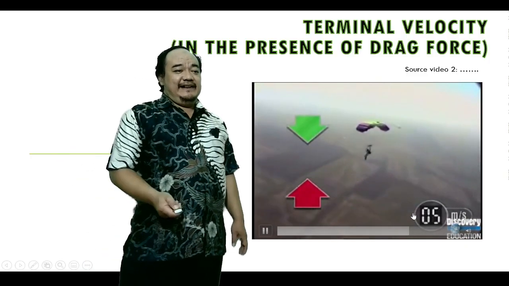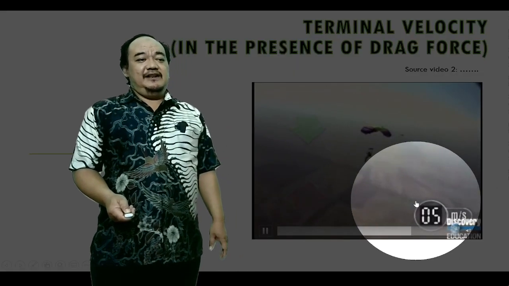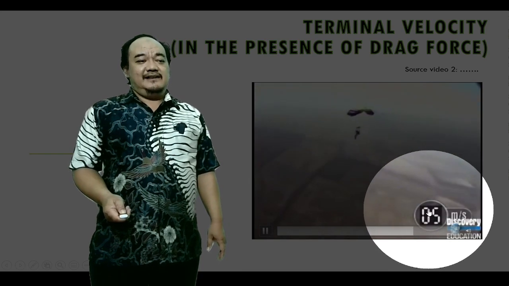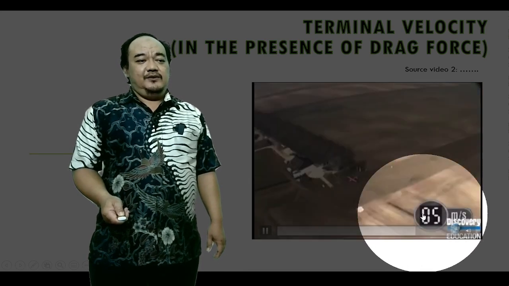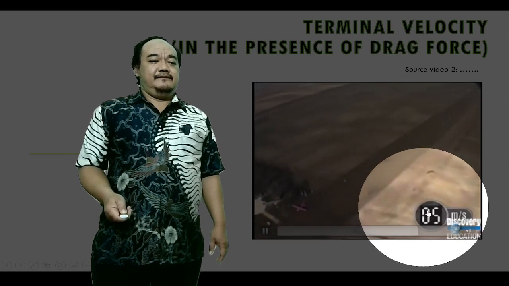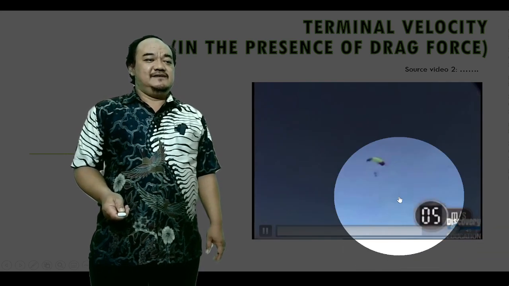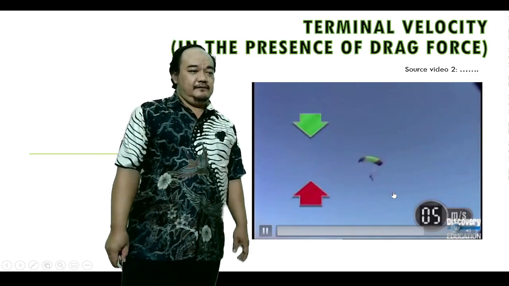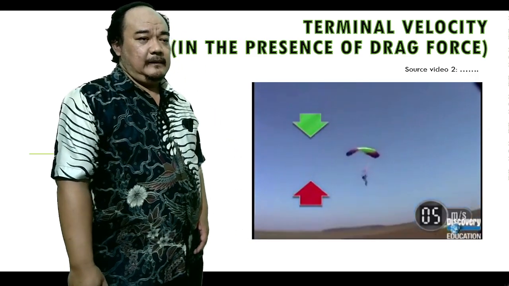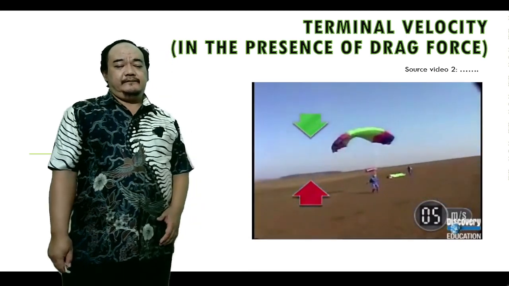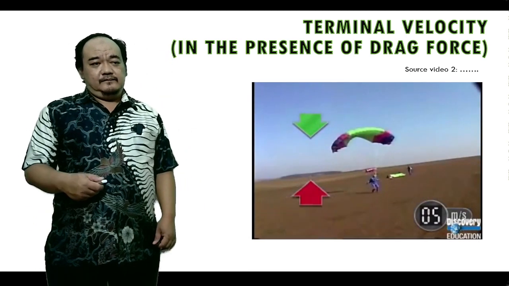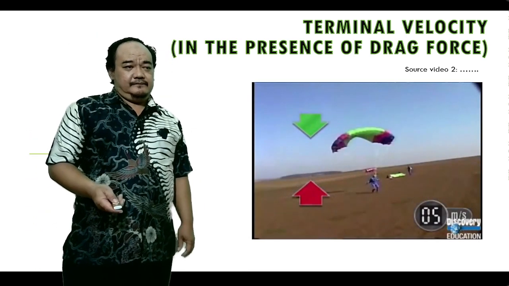And then again, she reaches a much slower terminal velocity or constant velocity at 5 meters per second, approaching the ground at 5 meters per second. This is the safe velocity to hit the ground. As she hits the ground, there's a thumping great counterforce from the Earth, which decelerates her.